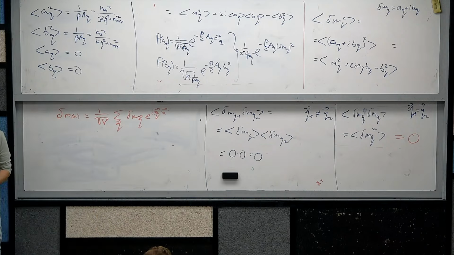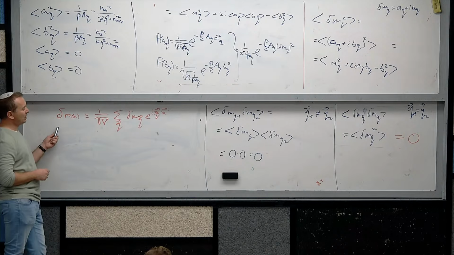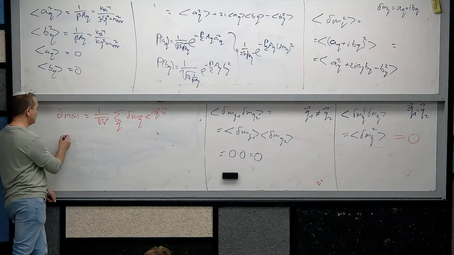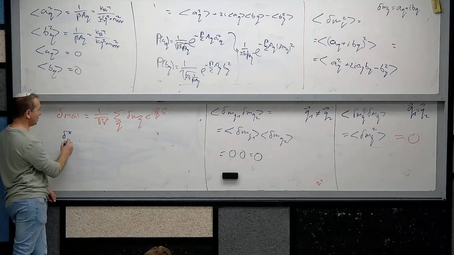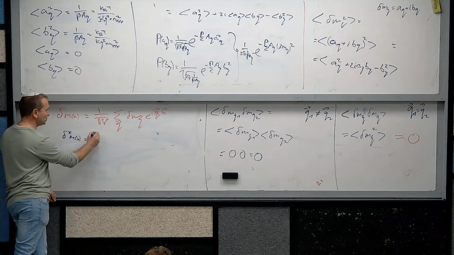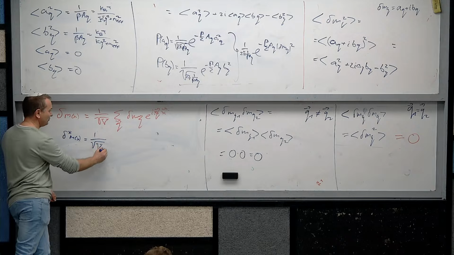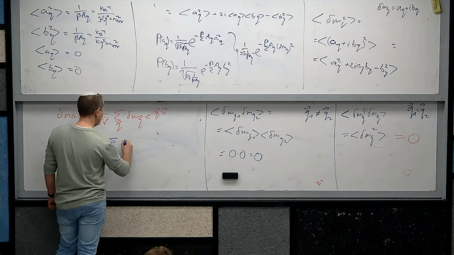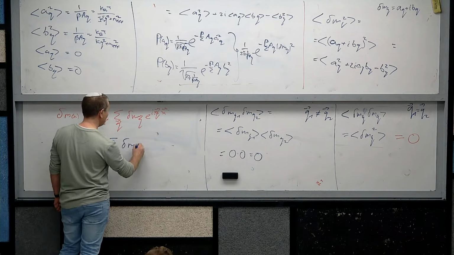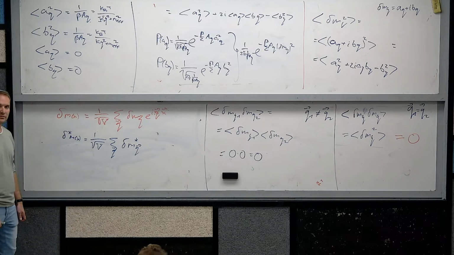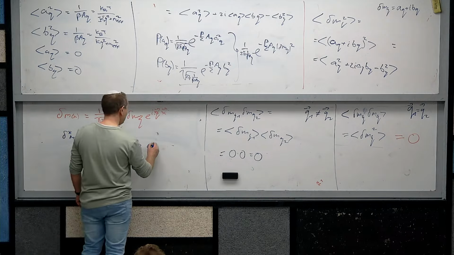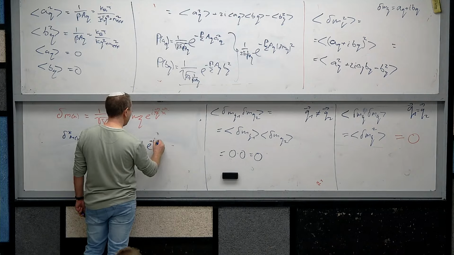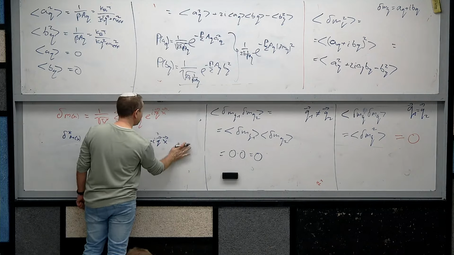Now, what will happen if I take the complex conjugate? Delta m of x conjugated equals 1 over square root of V, summation over all possible values of q, delta m q conjugated, e to the power minus i q x.